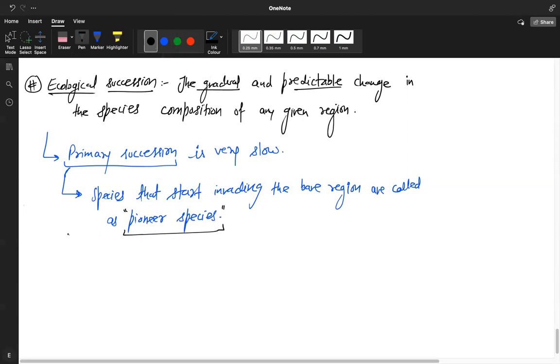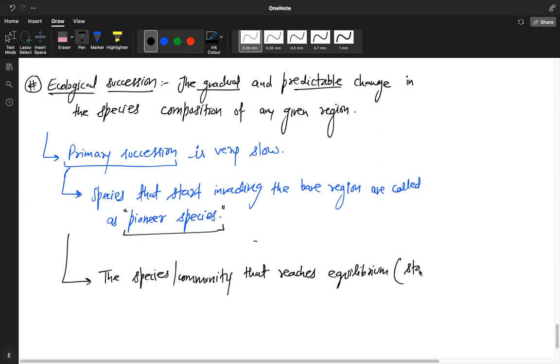And after some time, there is an equilibrium that is reached. So you write down the species or the community of organisms. It can be plant or animal. That reaches equilibrium.